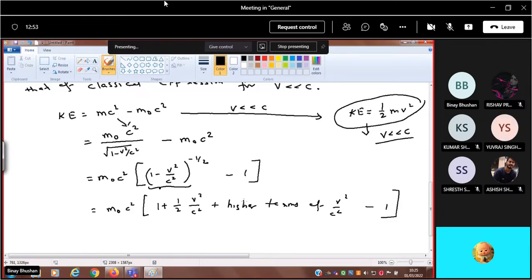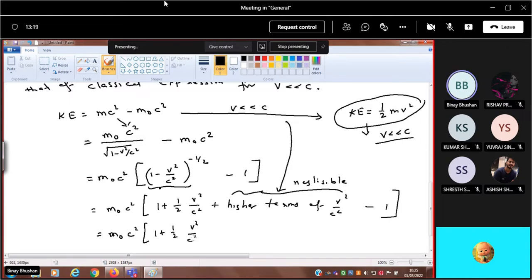Yes, sir. Now for this condition, v very small as compared to c, these higher terms of v square by c square will become negligible. So we will neglect that. So this becomes m naught c square times 1 plus half v square by c square minus 1, right?